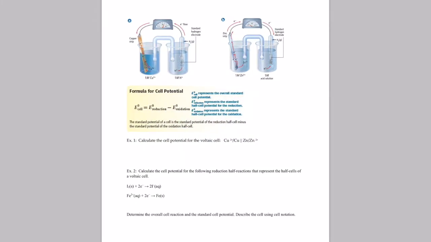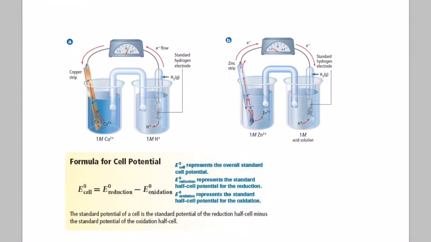Okay? All right, so in this next illustration here, we have our hydrogen ions in these two solutions, kiddos, being reduced to form hydrogen gas, and of course that has a reduction potential of 0.000.